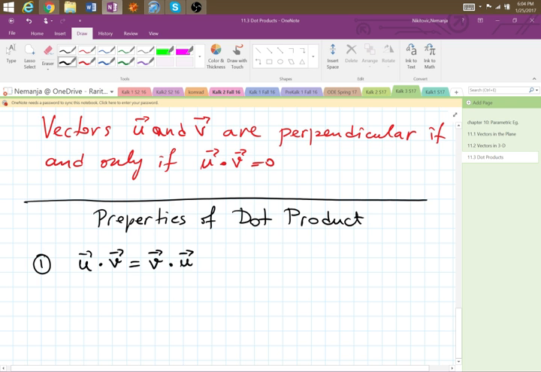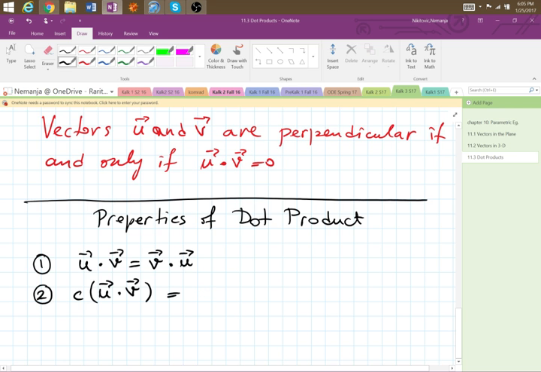So all of these properties, again for the honors section, the proofs, where you calculate one side, calculate another side, and you see that by the basic commutative rule from your regular multiplication, you can show they're equivalent.